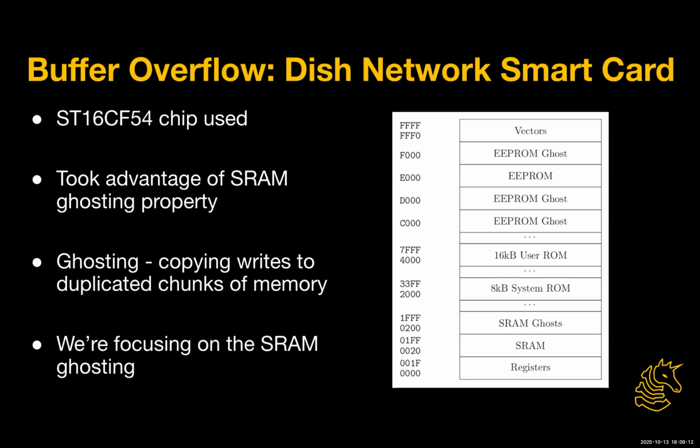Okay, so for our first case, the buffer overflow, the memory layout of the chip that was used had an SRAM ghosting property. Ghosting is basically when we copy writes to duplicated chunks of memory. We'll have a slide after that breaks down the different memory layouts, but in this case we're focusing on the property of SRAM being ghosted.